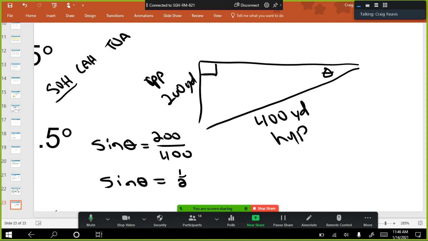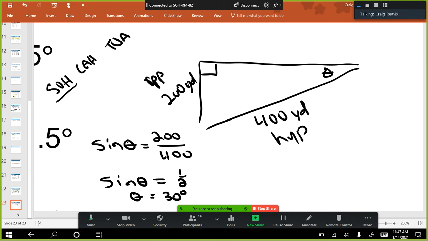But on your calculator, what you can do is, I'm sorry, you've got to do the inverse on your calculator. Above sine, cosine, and tangent are those little sine inverse, cosine inverse, tangent inverse. So if I hit second, sine inverse of 1/2, I hit enter, I do get 30. So theta equals 30 degrees.